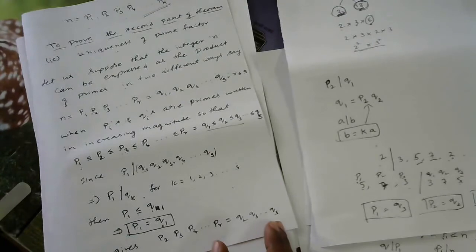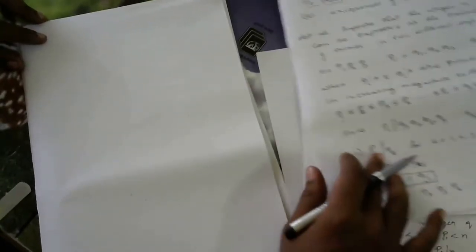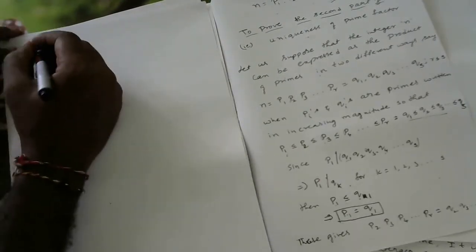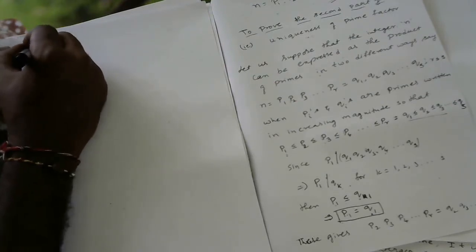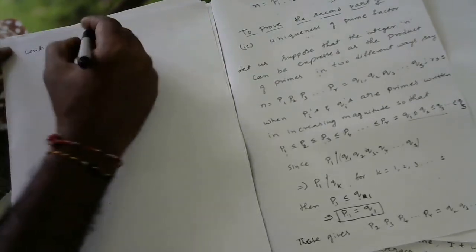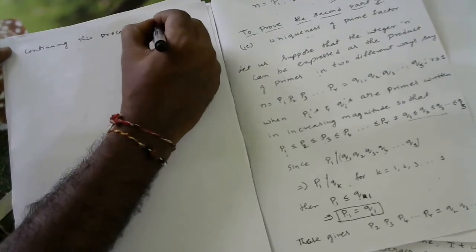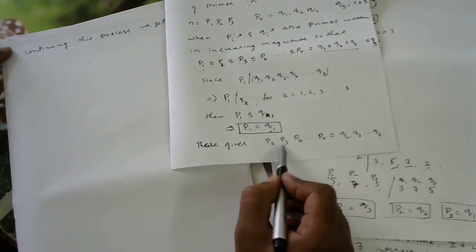Now continue this process, we get P2 equals Q2, P3 equals Q3, P4 equals Q4, so on.